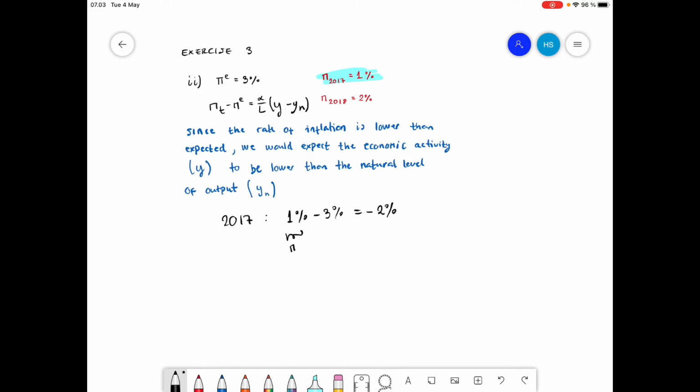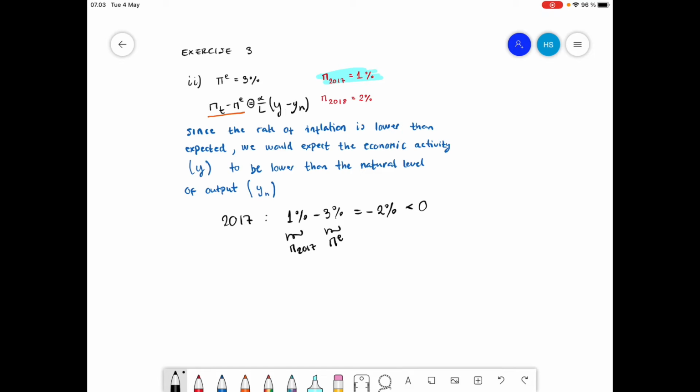And what is this? Well, this here is the rate of inflation in 2017. This here is the expected rate of inflation. And this is also what we have on the left-hand side of our Phillips curve equation. So the left-hand side of the Phillips curve equation is negative.